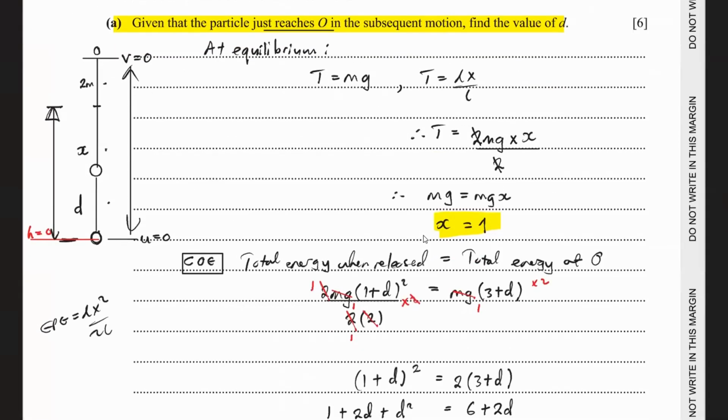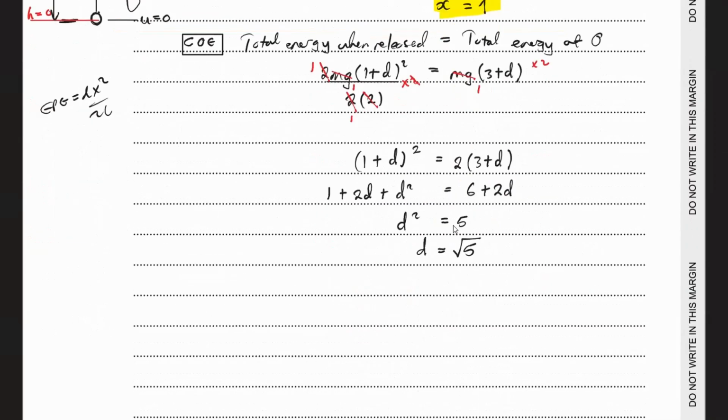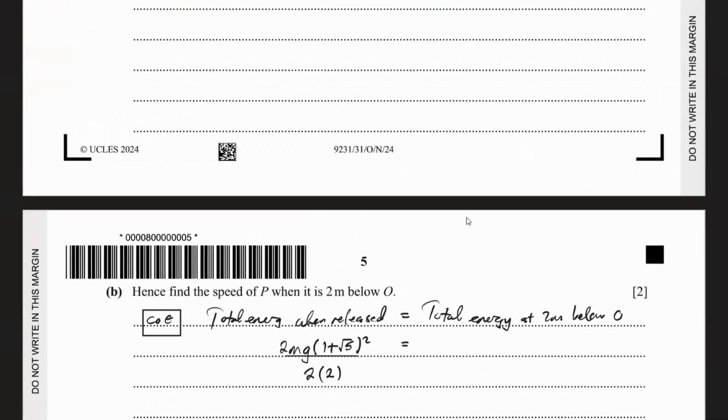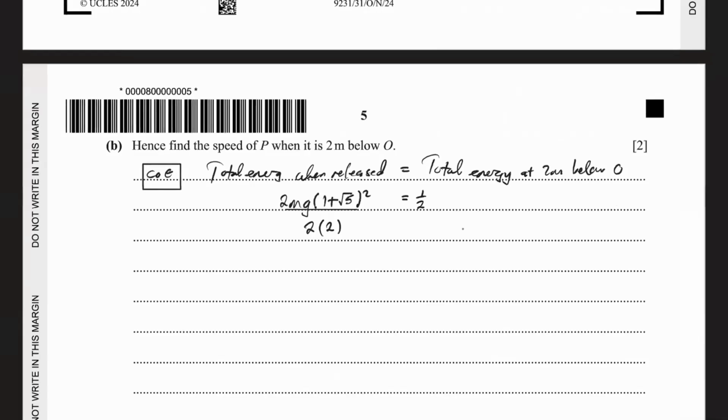Now, at 2 meters below O, it is at around this height. At this level, when the particle is around about here, we can calculate, first of all, the kinetic energy. Now, we do not know what the kinetic energy will be, so let's just say the speed was v. So the kinetic energy is half mv squared.